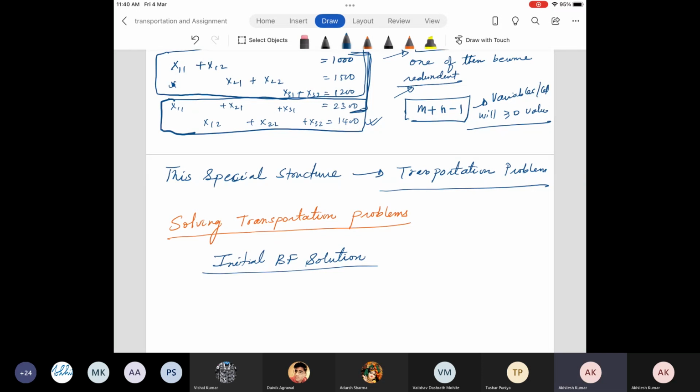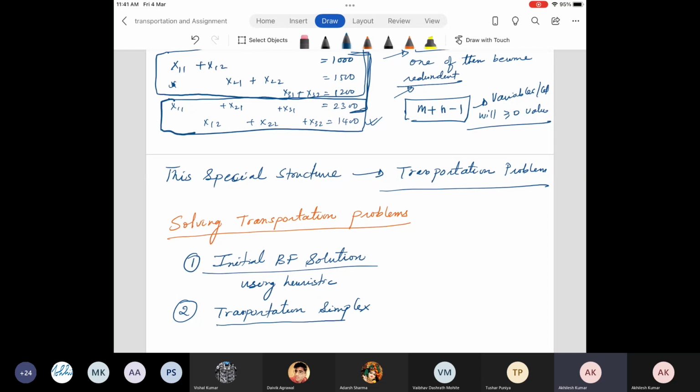So there are methods. These are called heuristics. Heuristics are methods which exploit the structure of a particular problem and try to find a solution. So the way we solve a transportation problem is first we find an initial BF solution using heuristics. And then there is something called transportation simplex, not like the simplex we have seen earlier, but it has exactly the same kind of analogy.